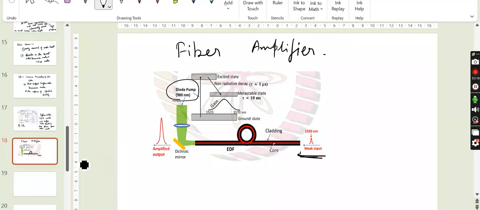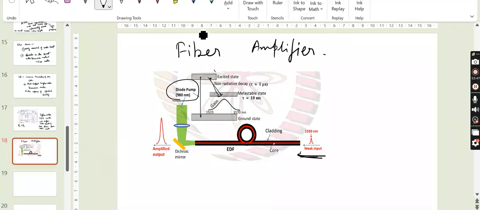So if a diode pump is injected, the photons get absorbed and from this excited state the ions non-radiatively decay down to the metastable state, which has a 10 millisecond lifetime compared to here, which is 1 microsecond.